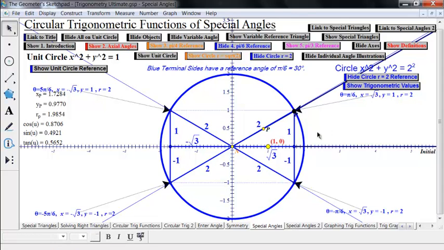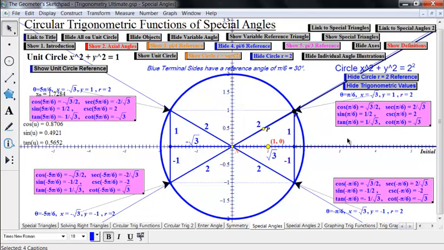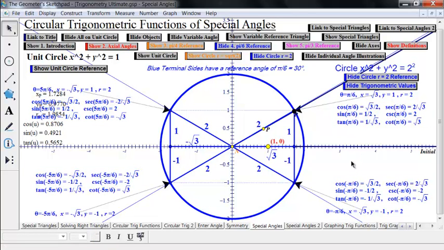So this point here on that terminal side has coordinates y is 1, x is square root of 3, and r is 2. And anytime we know x, y, and r, we can use our basic definitions to come up with these trig functions. Cosine is x over r, so it's square root of 3 over 2. Secant is its reciprocal, r over x, so it's 2 over square root of 3.